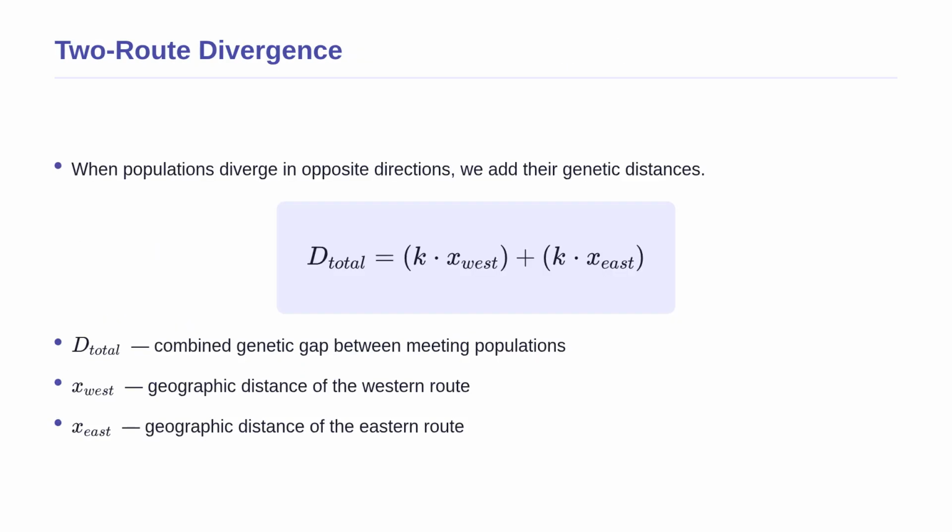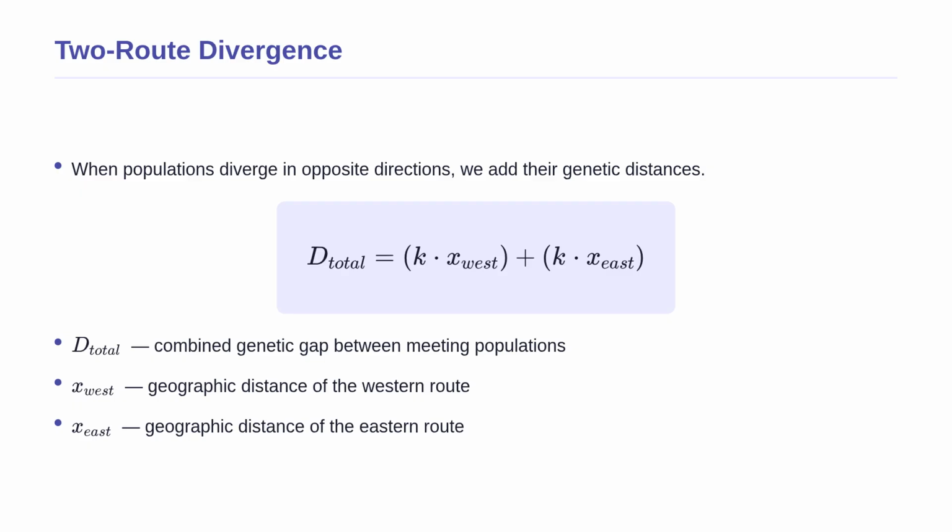Now that we have proven how isolation happens along one path, let us look at what happens when a population splits and travels down two different paths. This formula calculates the total genetic divergence by adding the divergence from a western path to the divergence from an eastern path. We use the same mutation rate k for both sides of the mountain.